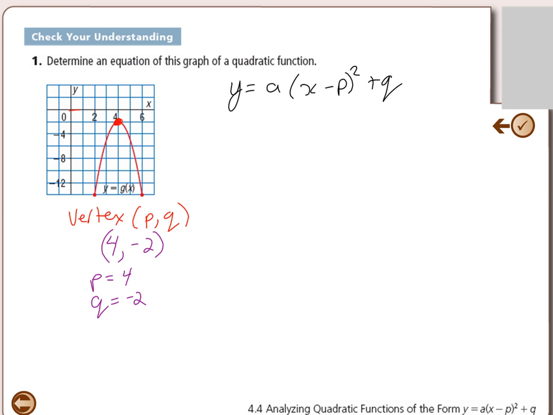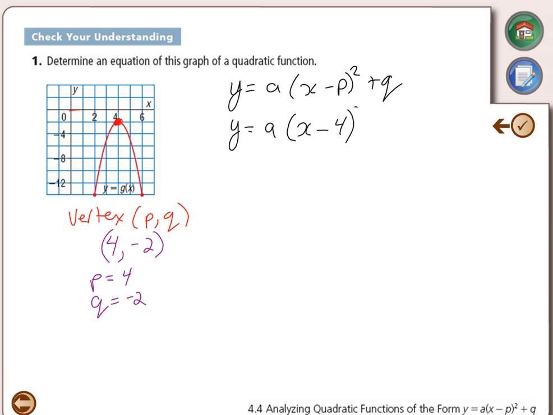Let's plug those in. y equals a(x minus p), which is 4. The minus sign's already in the equation, plus q, negative 2. So really we've got sitting there a(x minus 4) squared minus 2. But now we need to get the a value.